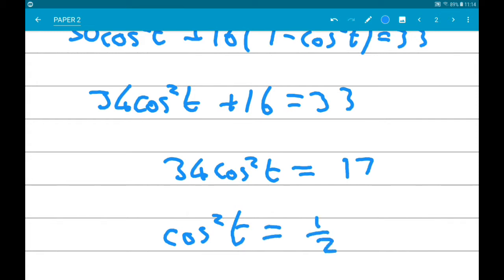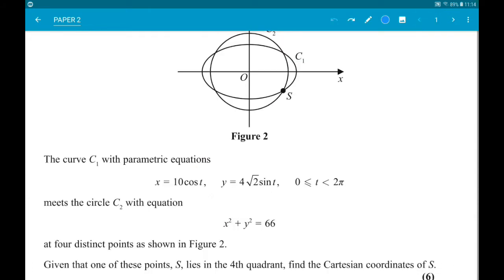Now, let's go back to where S is. So we can see the x coordinate is positive, and the y coordinate is negative. Given that x is the cos term, when we square root, we only care about the positive.